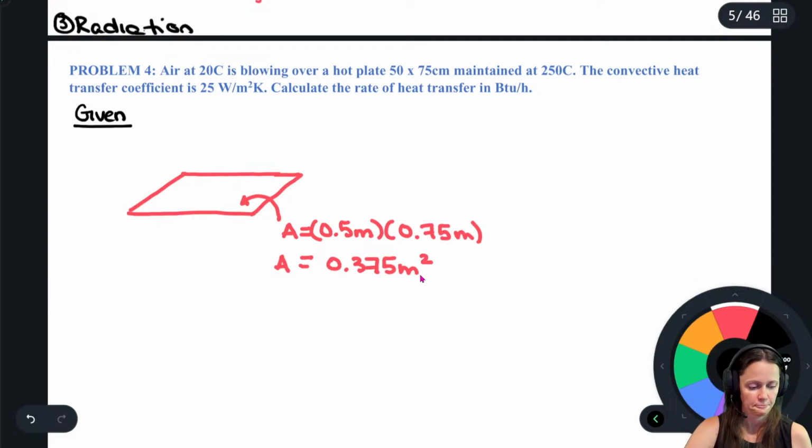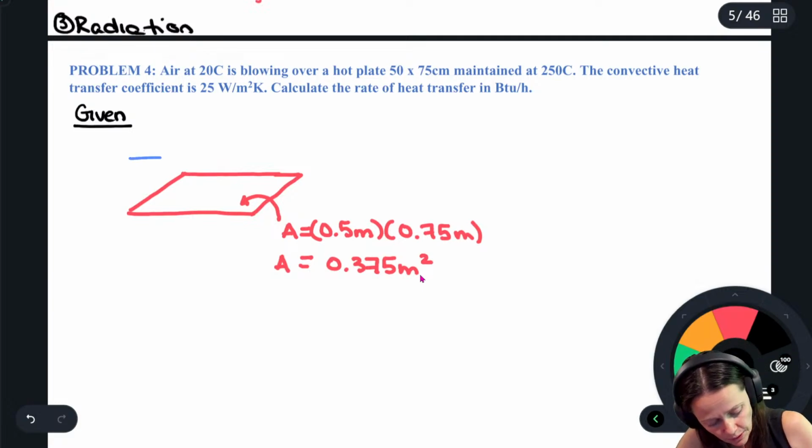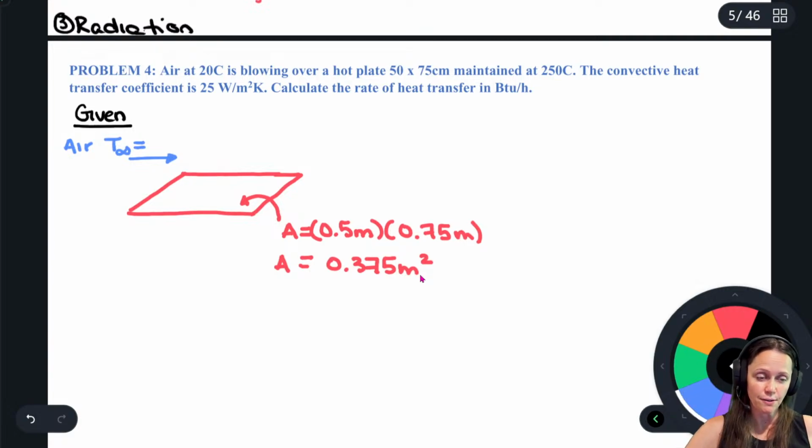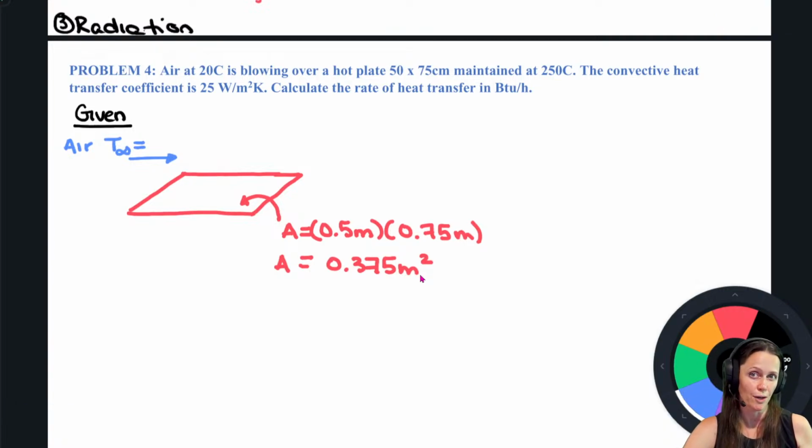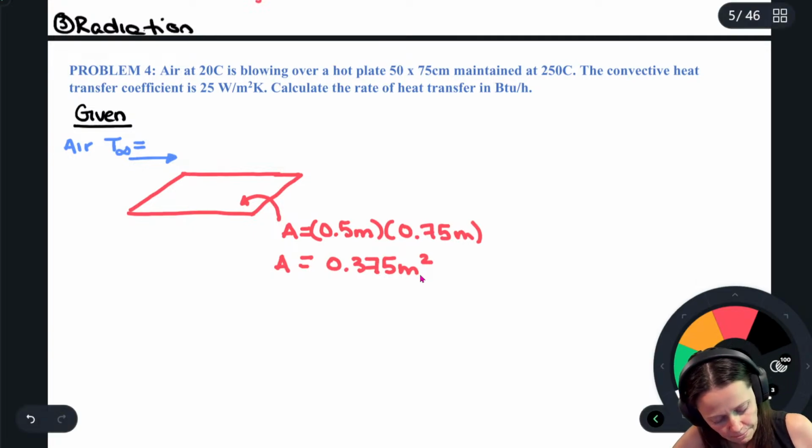And then we've got air flowing. Here's our air coming in. Free stream temperature of that air, and we're going to use T infinity. It'll make more sense why when we get to Unit 4, but just go with it for now. That's the temperature of the air, and it's 20 degrees Celsius.